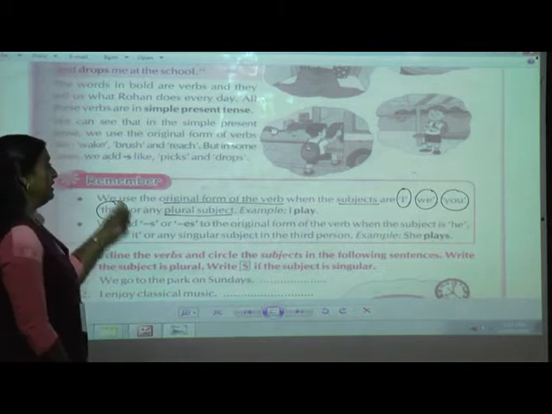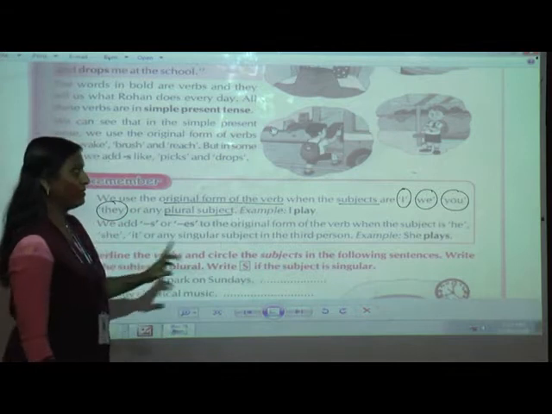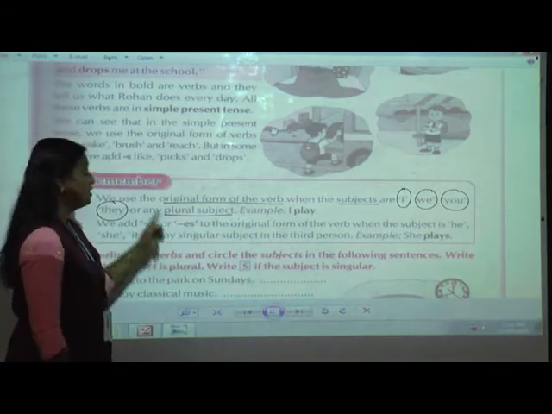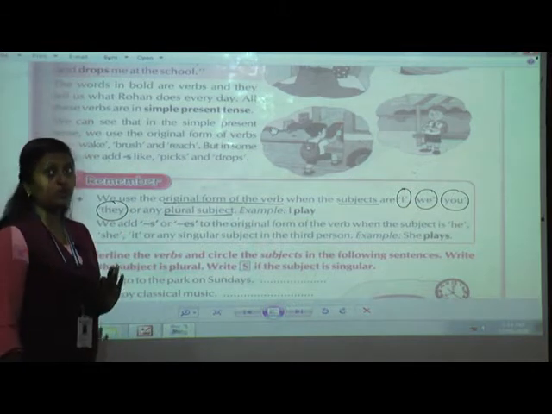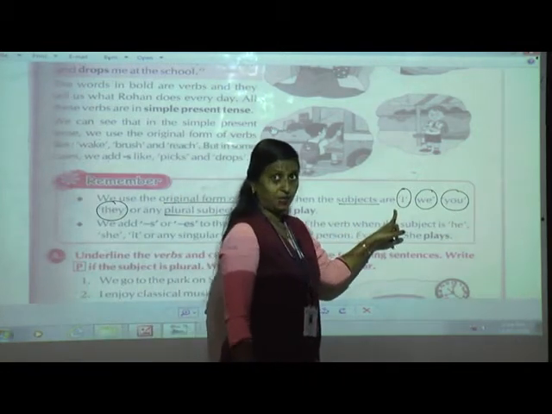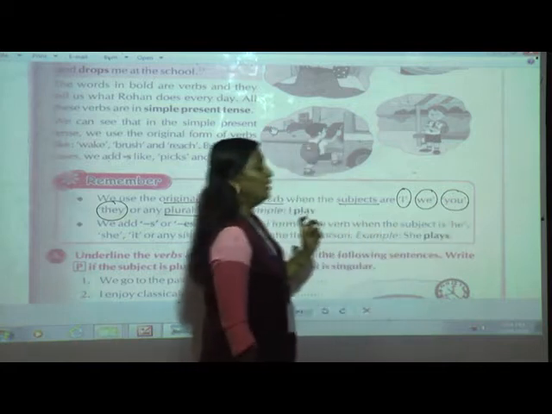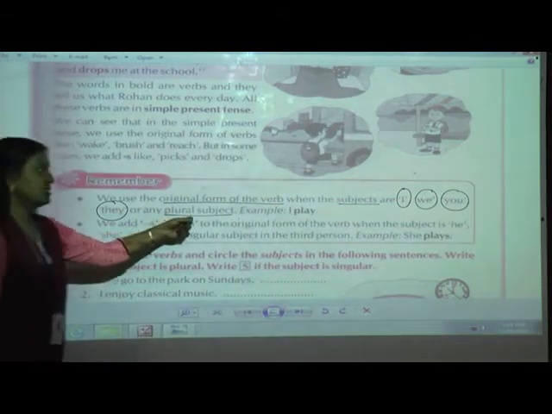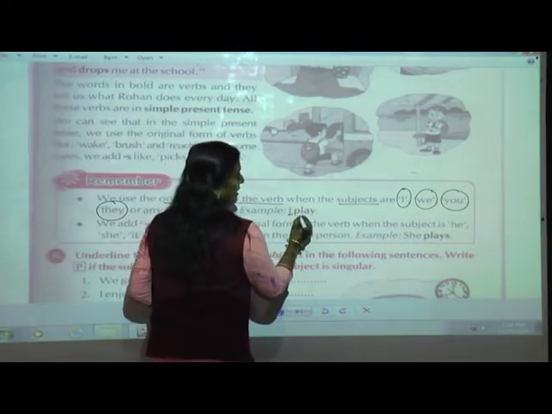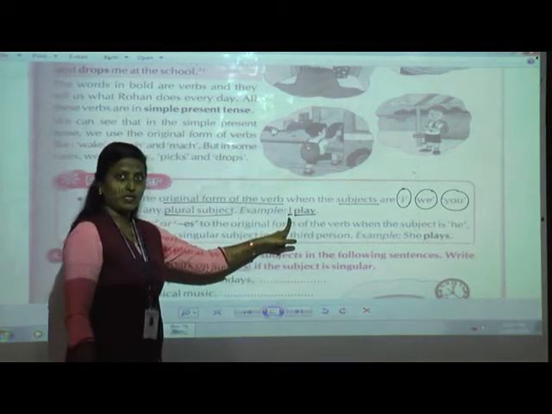You know what the original form of the verb is? Like play, wake, reach, all those are original forms. So we have to use the original form of the verb when the subjects are, again I'll repeat, I, we, you, they, and plural subject. Understood, students? An example they have given here: I play. This is the original form of the verb, and here we can see the subject is I.